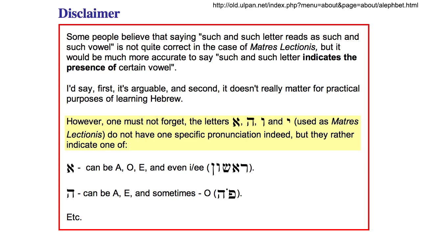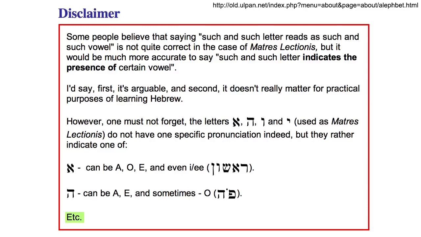Meaning, these letters don't produce the same sound consistently when you look at all the different writings that use them. It says, Aleph can be A, O, E, and even I. It says, Hey can be A, E, and sometimes O, etc., etc.